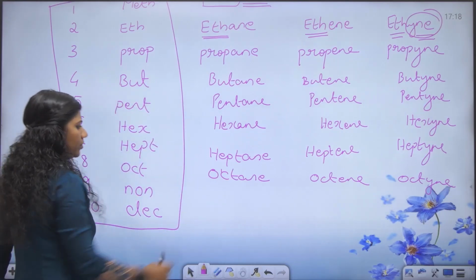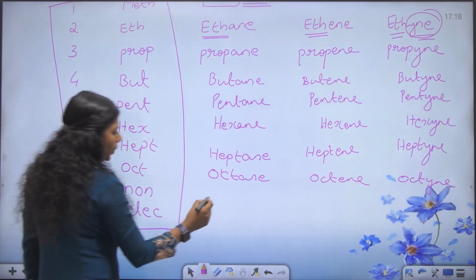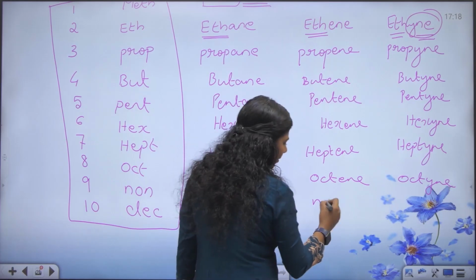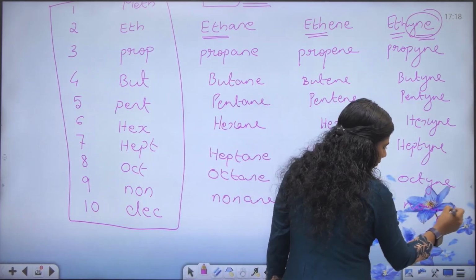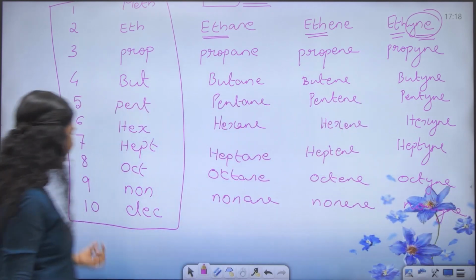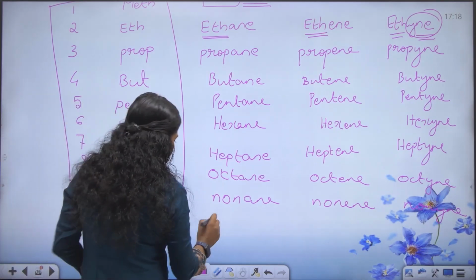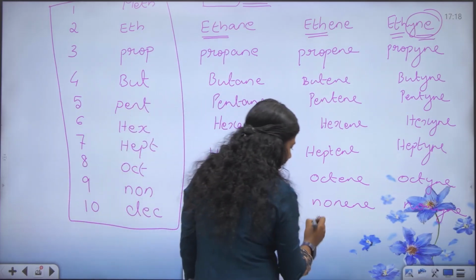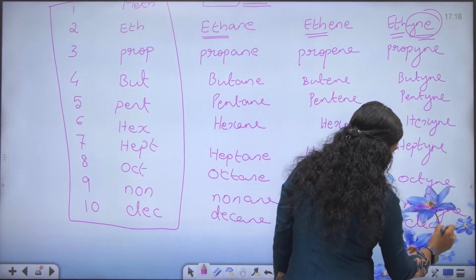And non. Number of carbon atoms is 9. It stands for non, and the corresponding alkane is nonane, alkene is nonene, and alkyne is nonyne. Okay. And last one, dec. Dec stands for total number of carbon atoms 10, and the corresponding alkane is decane, alkene is decene and alkyne is decyne.